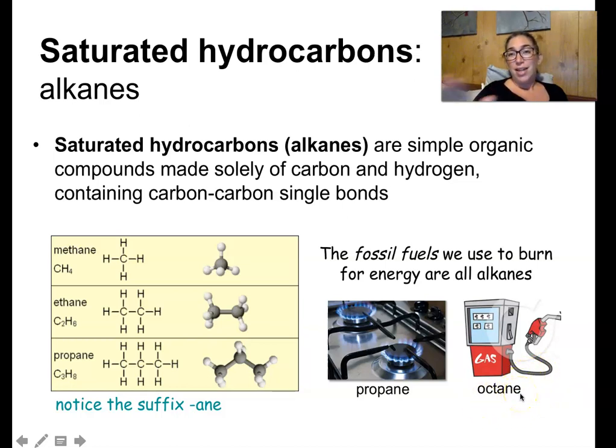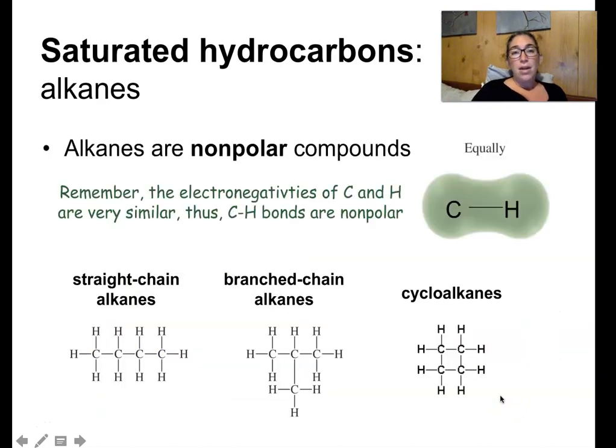There's different levels of gas, and they have numbers like 87, 93. We're just talking about the percent octane in the gas. And so that would be an alkane with 8. Octo is 8 carbons.